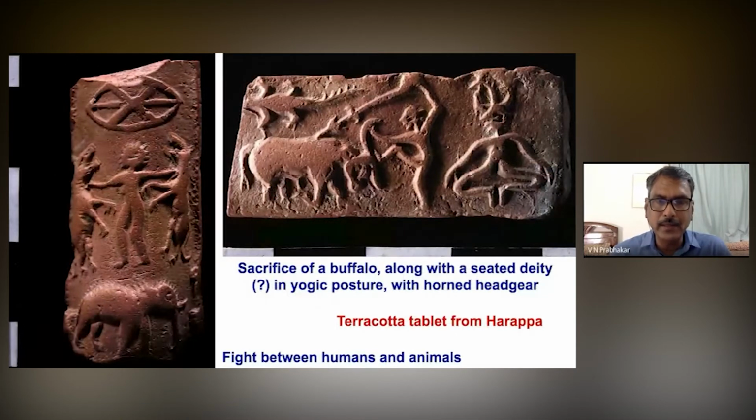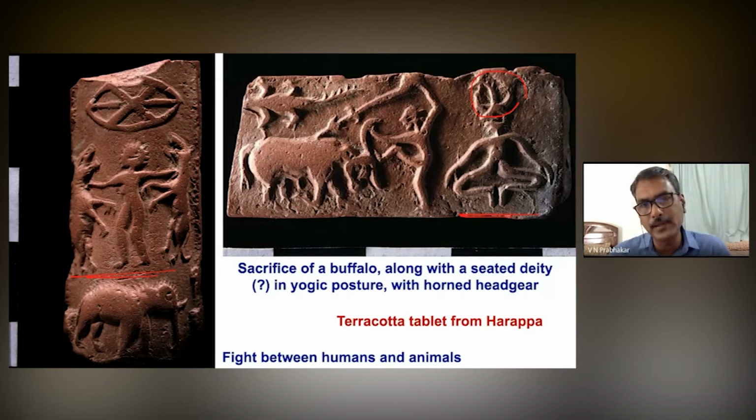And also we see some supernatural scenes from the narrative tablets from Harappa. Again, we can see the famous human holding two animals, very closely resembling the Sumerian and the Mesopotamian concepts. But also here you can see again a seated yogic posture with horned headgear, and a sacrifice is performed in front of him or her.